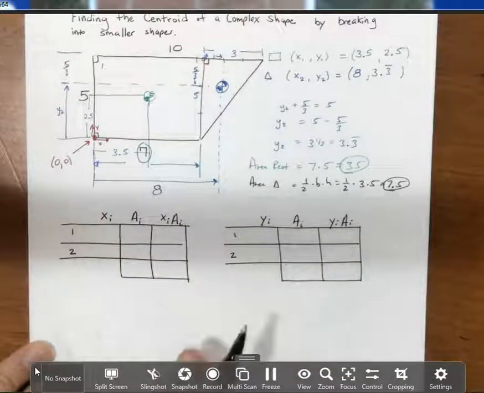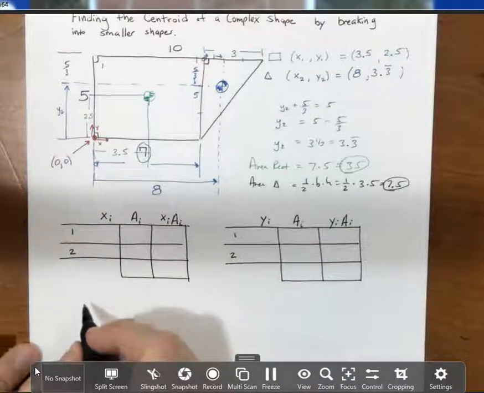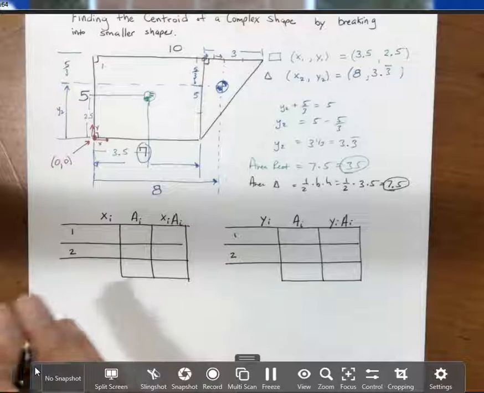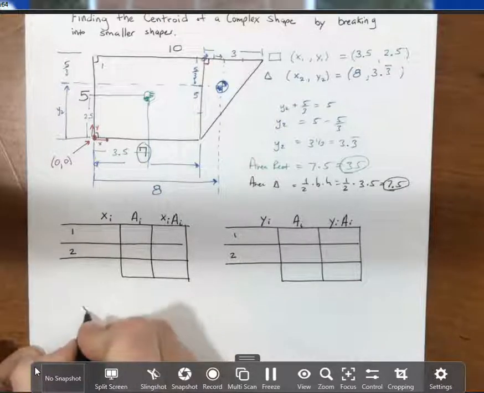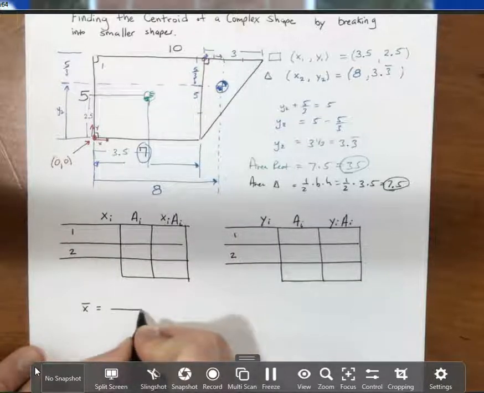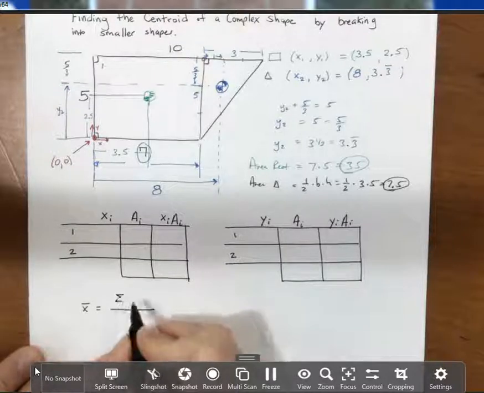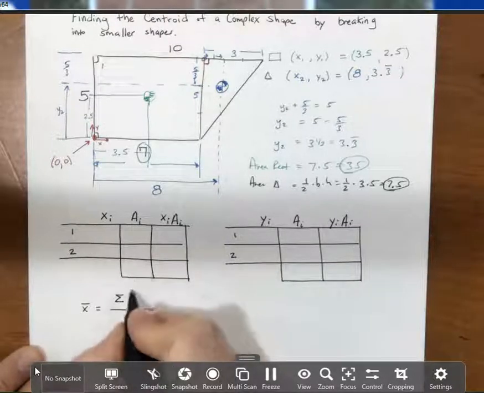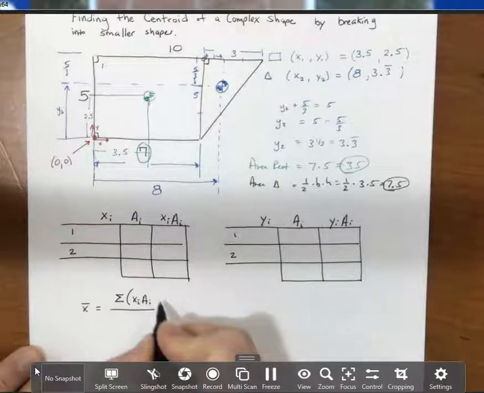So the formula, we're not going to worry about deriving it, looks like this. You repeat, in essence, the same process, but you do it once for the x-coordinates and once for the y-coordinates. So they write x bar equals the quotient, so we're going to divide the sum of the x-coordinates and their areas.